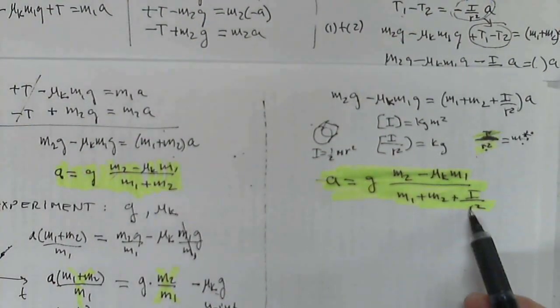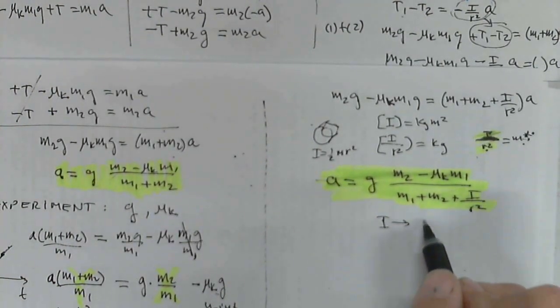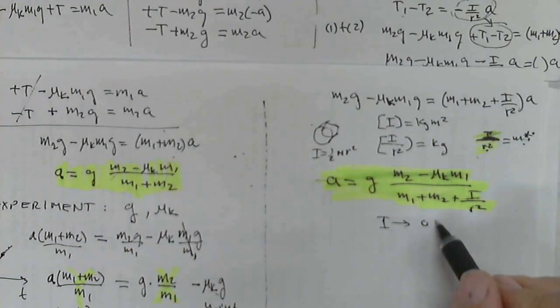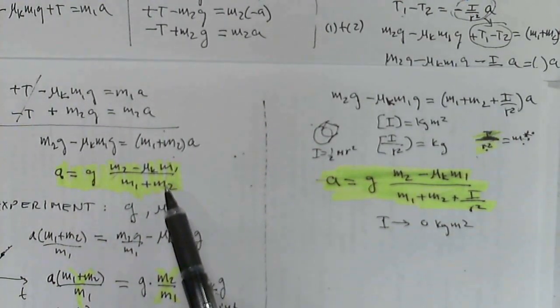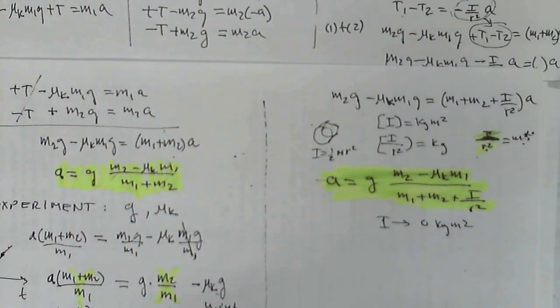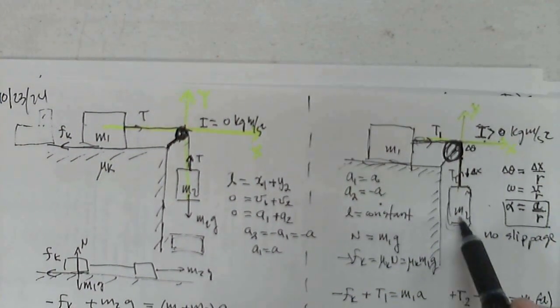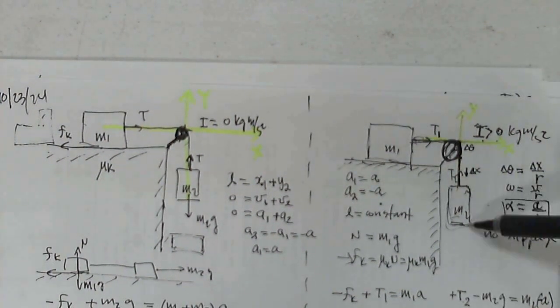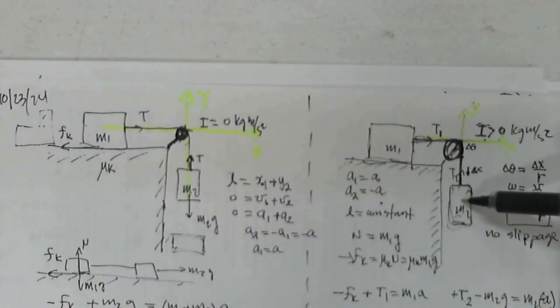Again, if I is 0, if you ignore the moment of inertia, you get this case. And it's going to be less acceleration because you have to see it more like energy. It's easy to understand this in terms of energy. So this gravitational pull is creating the energy that moves everything.